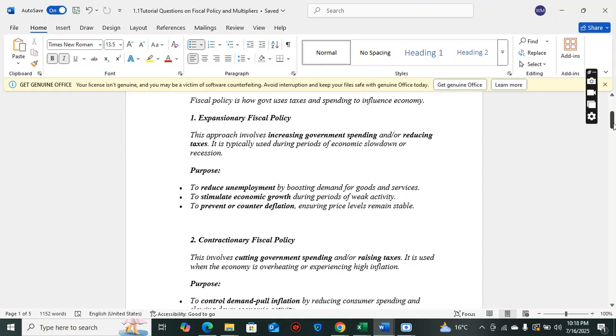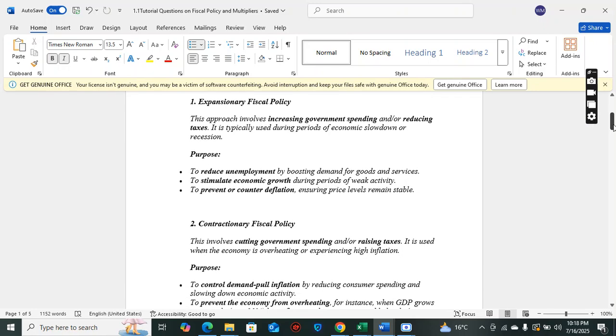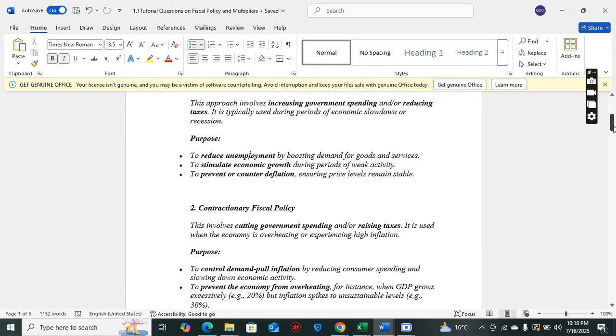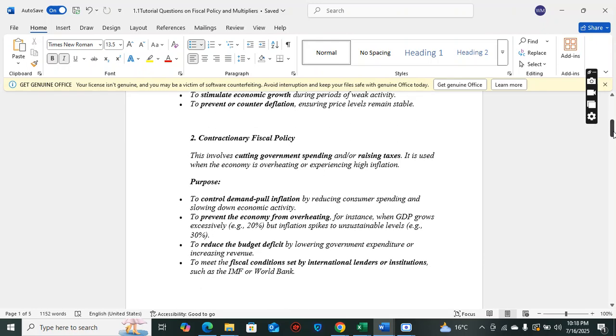The more disposable income you have, the more spending that you do. That's on the taxes side: lowering taxes, more disposable income, more spending. Contractionary fiscal policy is where government cuts down spending or raises taxes.